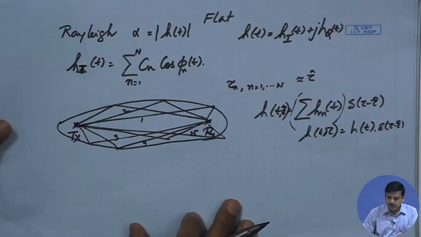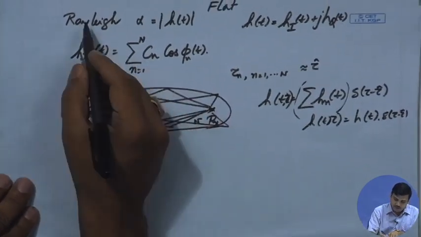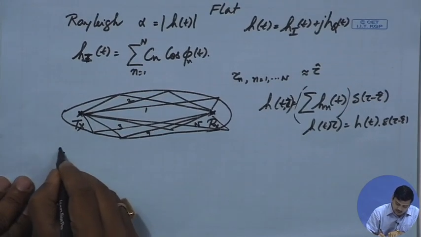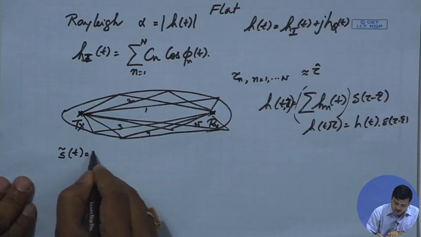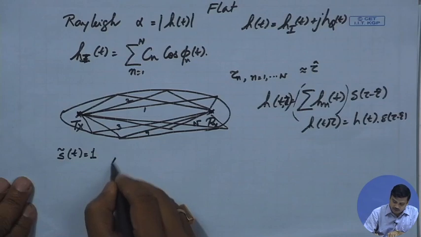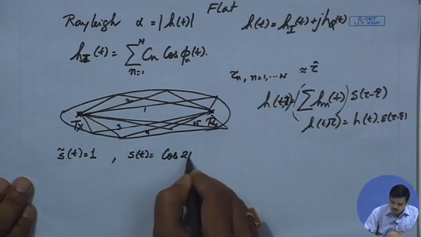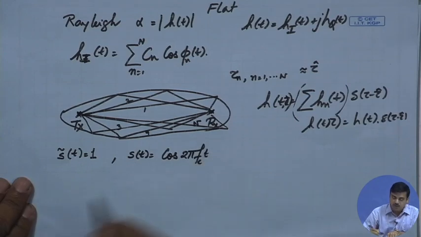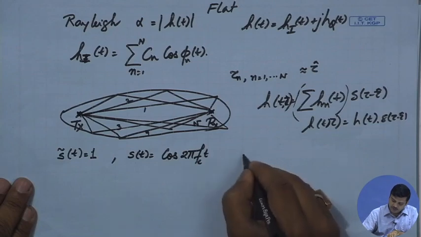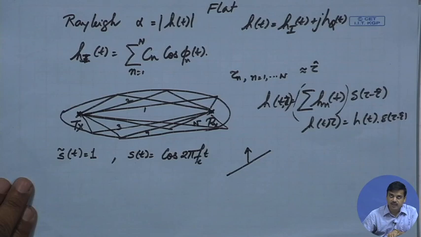The second important thing which we would like to remind you is that when we derived these expressions, we said let s tilde t be equal to 1. What we meant was s of t was cos 2 pi f c t, the carrier tone itself, which means that we are sending a constant amplitude tone in the frequency axis.